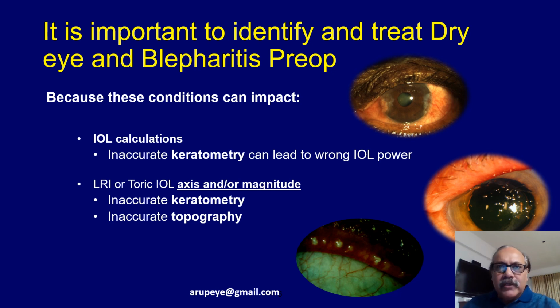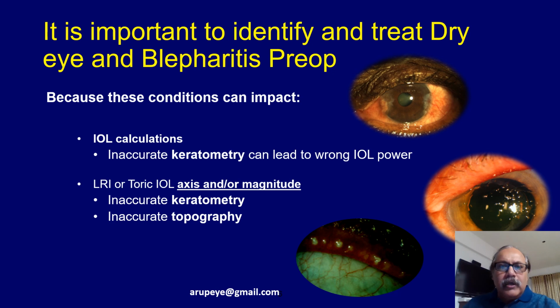So every patient lined up for biometry undergoes an ocular surface workup, and if it is found deficient, is put on appropriate therapy. Patient is called back after 4 to 6 weeks to repeat the biometry, and it may have to be repeated twice or thrice just to ensure that the ocular surface has been optimized and the biometric values are all reproducible.